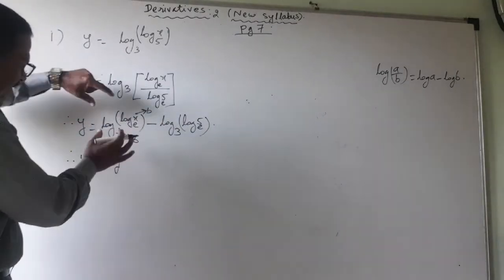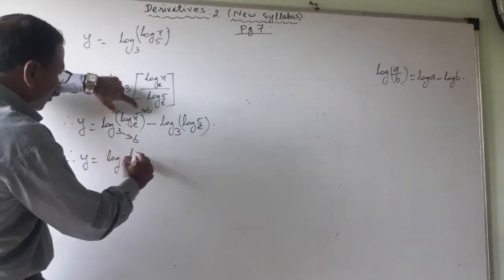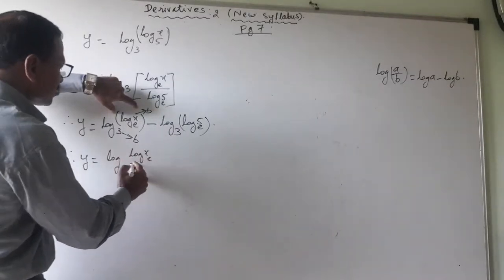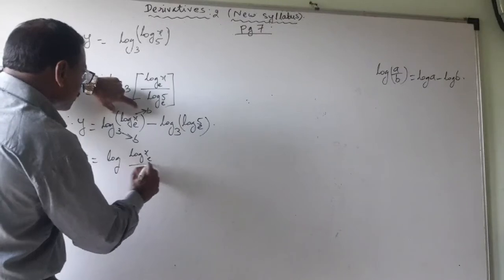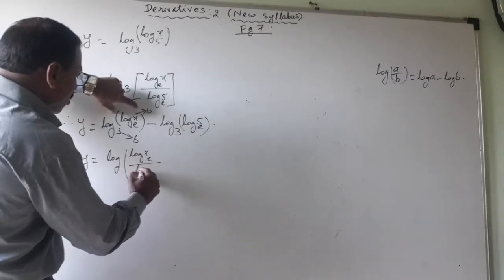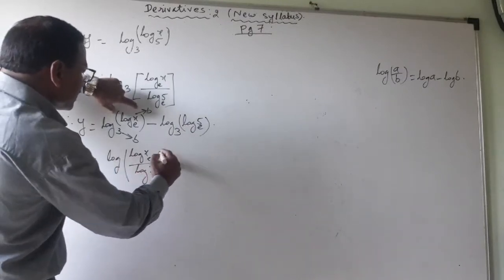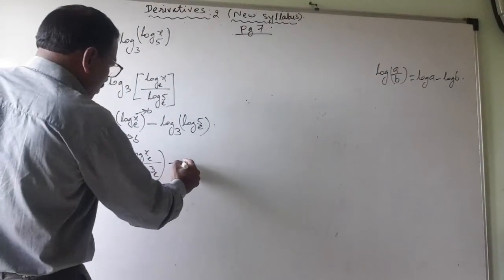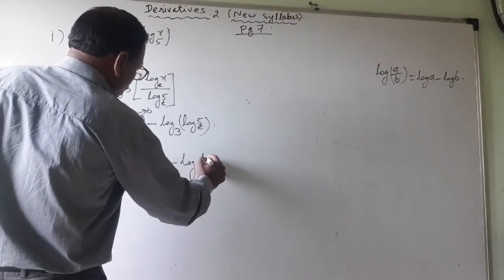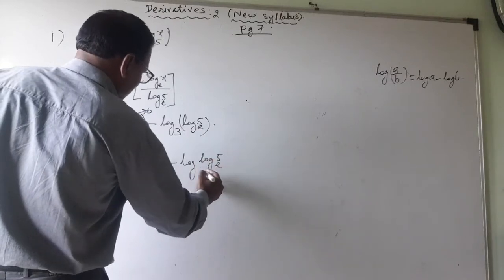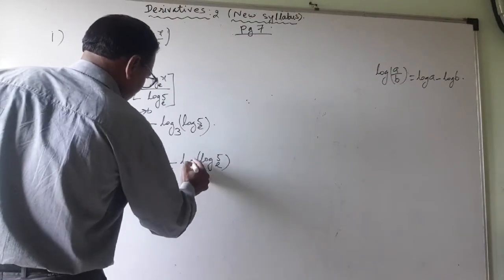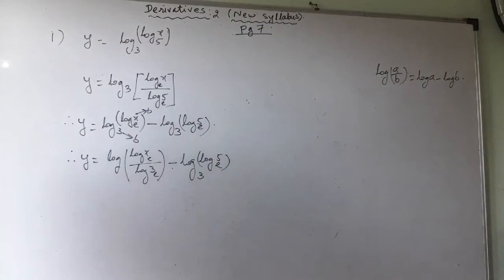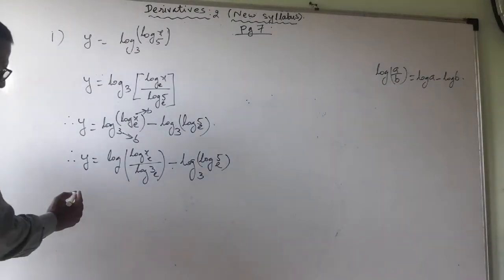Log of a is log x to the base e upon. What is the b part? Log of 3 to the base e. And minus log of 5 to the base e, and the base is 3. Note down this step. This is a very important step.